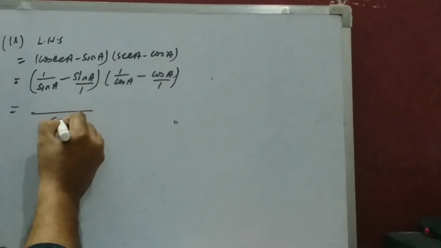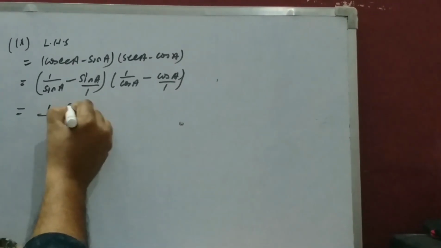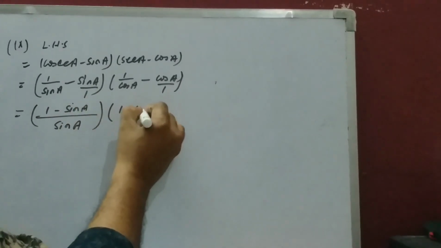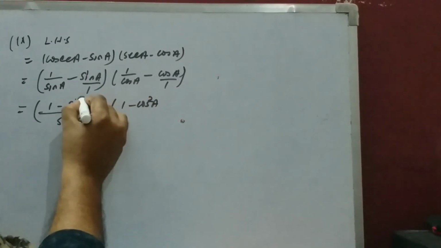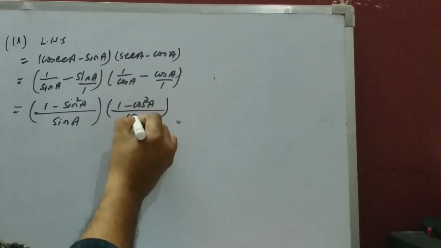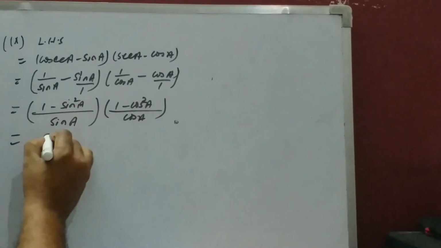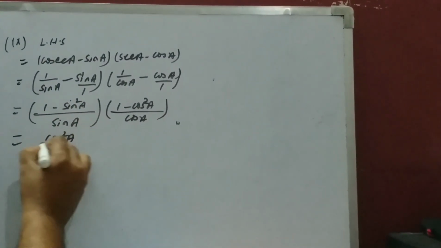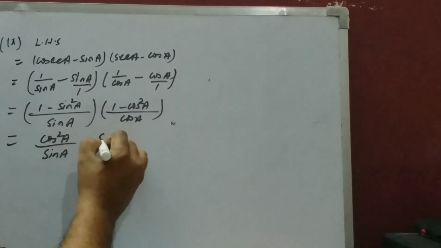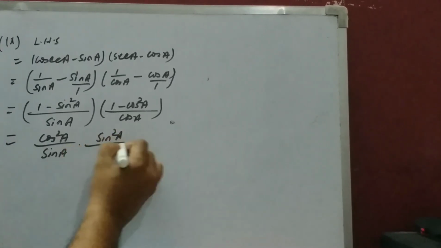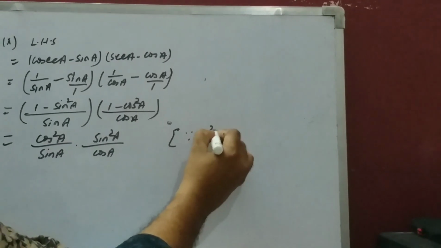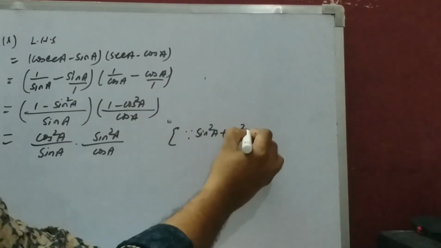This is sin A, 1 minus sin A, 1 minus cos square A, this is sin square A and cos A, and this is cos square A, this is sin A, and this is sin square A, this is cos A. You will write here sin square A plus cos square A equal to 1.